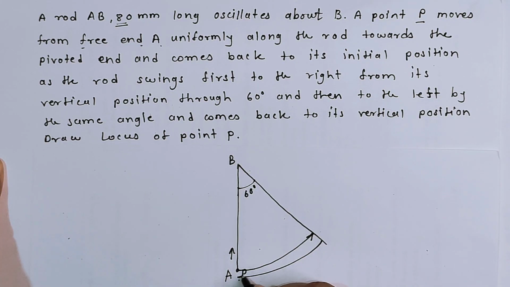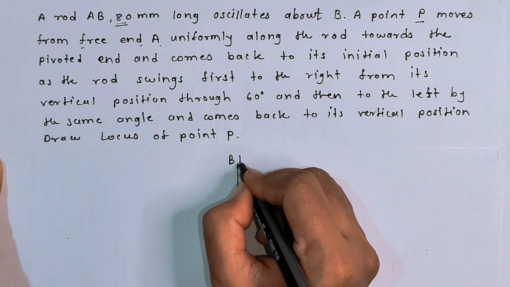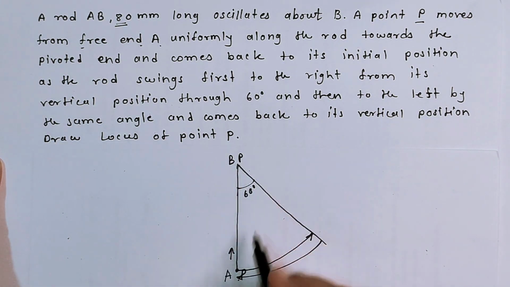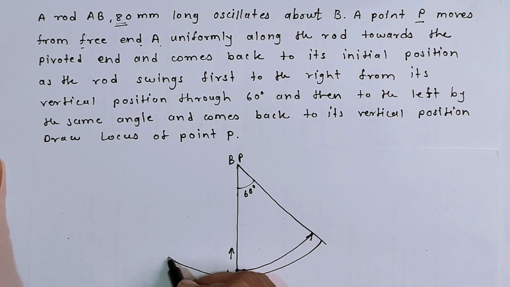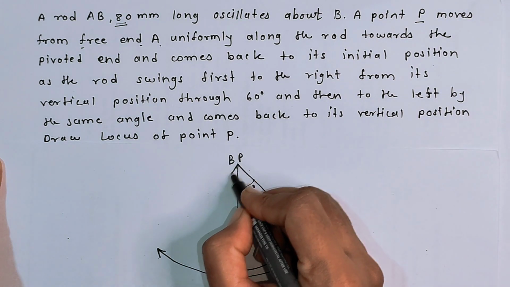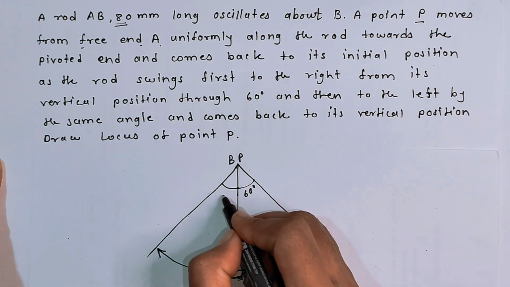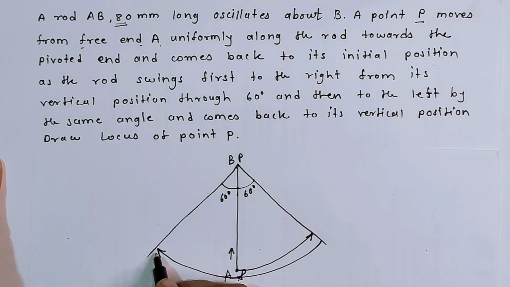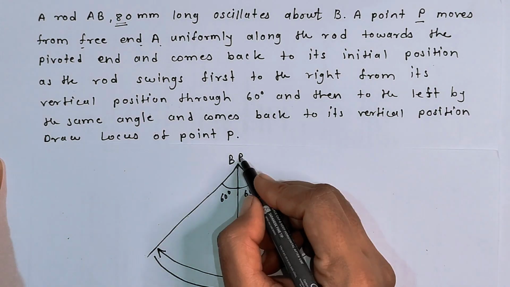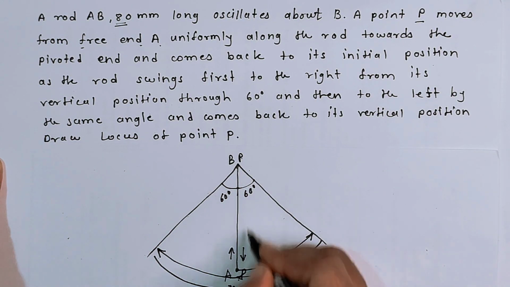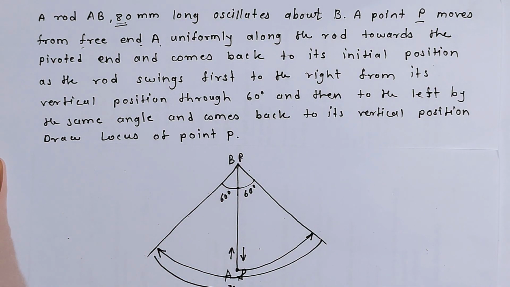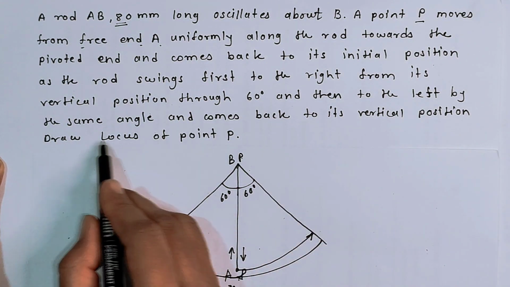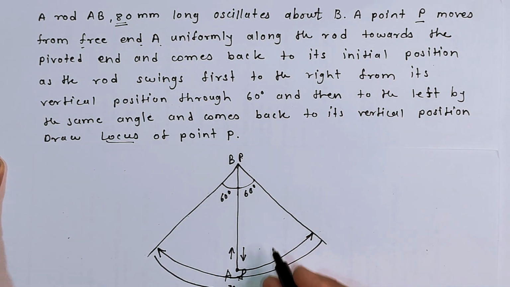When it returns back to the vertical, the point P reaches B. Again the rod moves to the left by 60 degrees, and when it returns back to the vertical, that point P returns to the original position. So we have to draw the locus of point P, how point P moves or traces the curve when the rod oscillates.